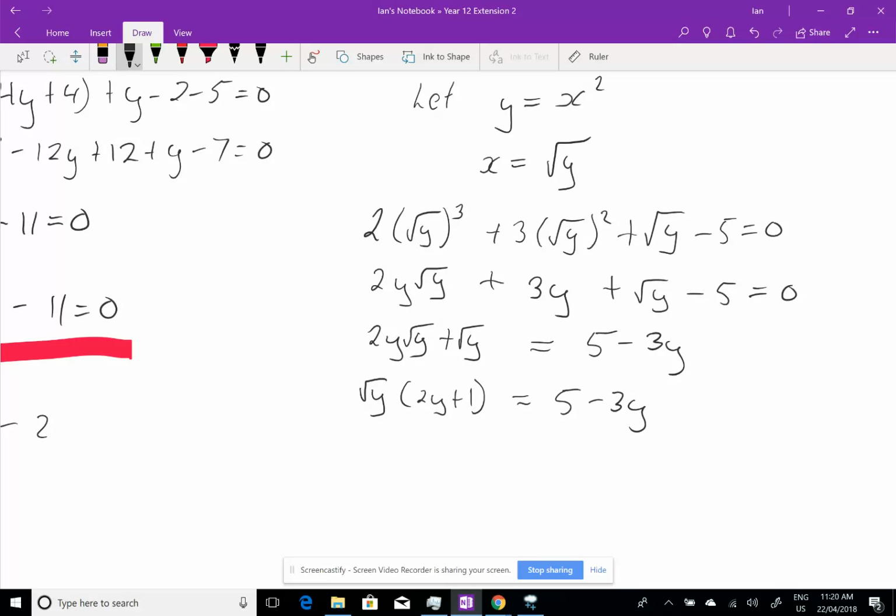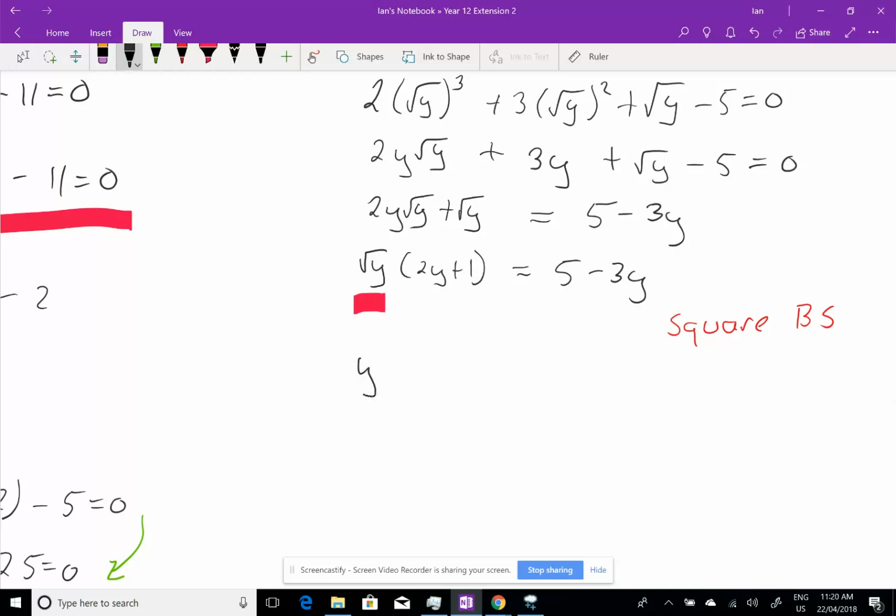Now to get rid of this surd, I'm going to square both sides. So we square both sides. So square that, we'll get a y, and we'll get (2y plus 1) all squared equals (5 minus 3y) all squared.